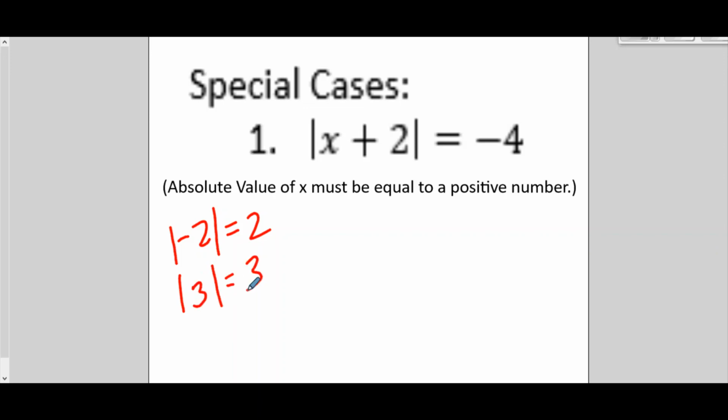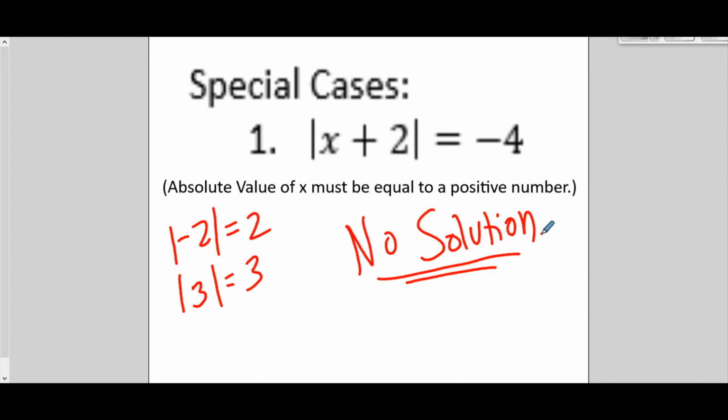You always get a positive number, right? That's how we defined absolute value always gives you a positive number because it measures distance. So here, this would be no solution because absolute value can never be negative. So this would be no solution because I have the absolute value equal to a negative number.